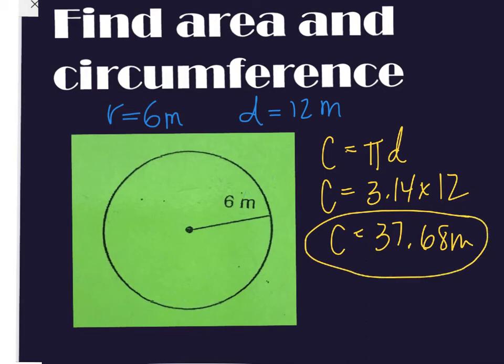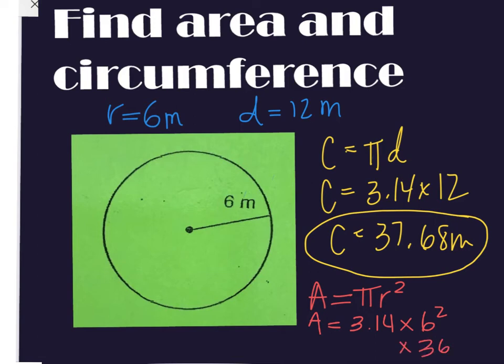Now for area, remember we said area is going to be pi r squared. So we are going to do area equals 3.14 times our radius here is 6, so times 6 squared. Order of operations tells us to do 6 squared first, so 6 squared is 36.